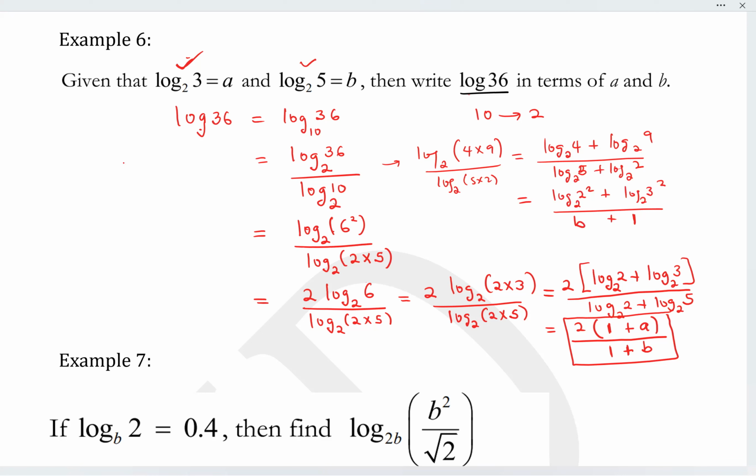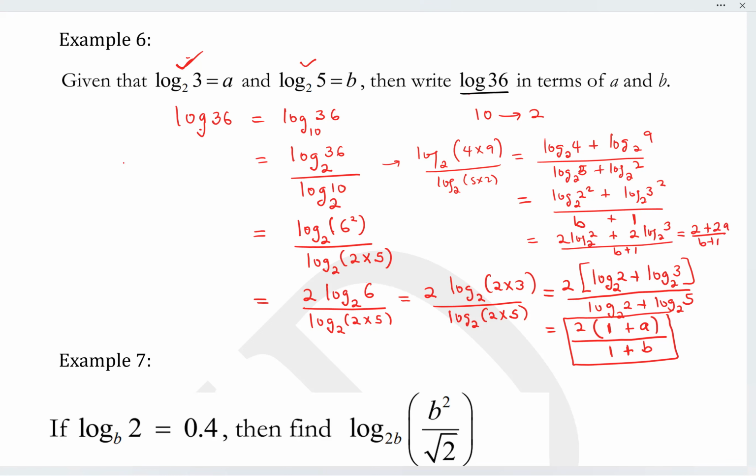So you already have b plus 1 in the denominator, which is the same thing as 1 plus b. And here, you can write this as 2 log to base 2 of 2, and this also as 2 log to base 2 of 3. So this will be 2 times 1, so you have 2 plus log to base 2 of 3, which is a. So this will be 2a over b plus 1.